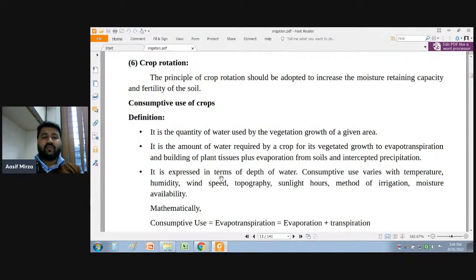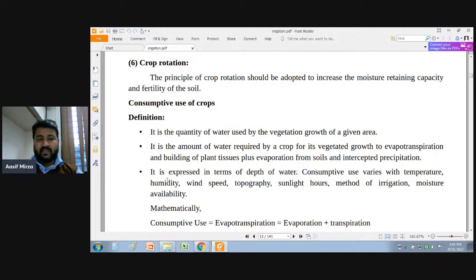Now, the consumptive use of the crops. What is the definition of consumptive use of crop? It is the quantity of water used by the vegetation growth of the given area. It is the amount of water required by a crop for its vegetative growth through evapotranspiration and building the plant tissues, plus evaporation from soil and intercepted precipitation.